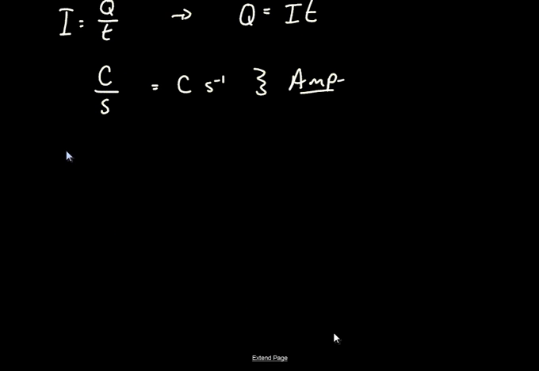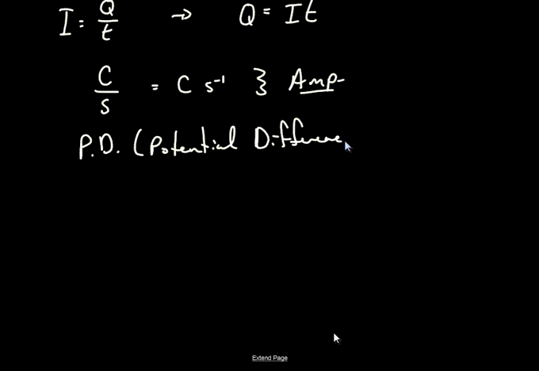Then we also have the voltage, or the potential, or as we often call it, the PD, potential difference. So the potential difference is electric potential energy. So E sub E, electric potential energy, which is the energy, big E, there's lots of E's involved here.